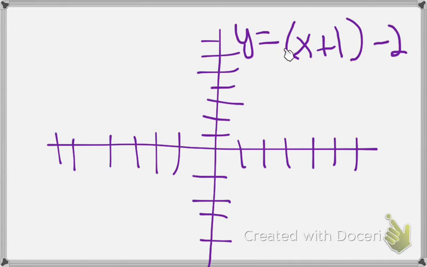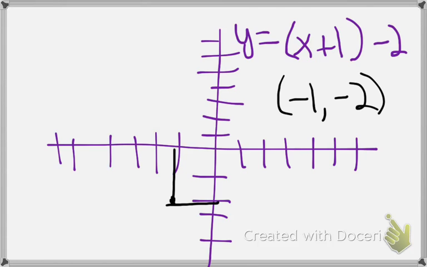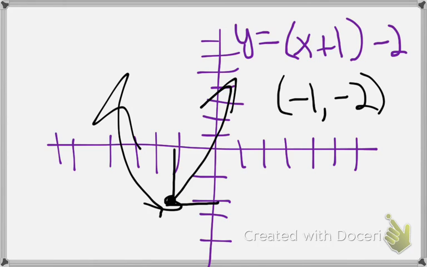If it's in the parentheses, we always switch the sign. So this would be -1, and then we just leave this because it's not in the parentheses. The vertex would be -1, comma -2, so -1 and down 2. Then we'd know that this would go up, but this is a very bad parabola, but you get the point.